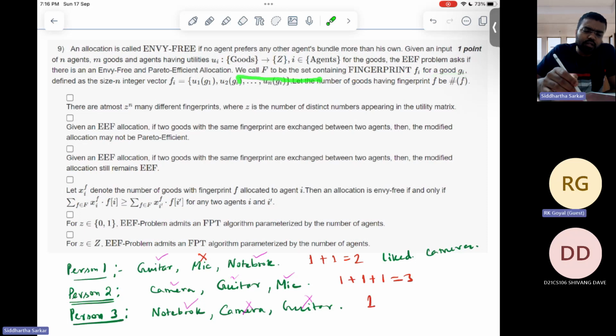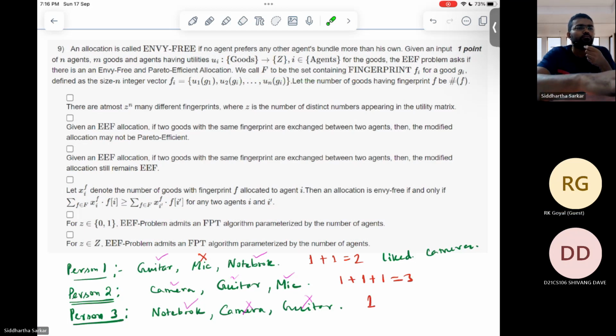So we call F to be, your voice is breaking. Yeah. What might be the reason? Let me check the mic. The mic looks to be okay. It's okay now. So both the mic and camera are fine, right?